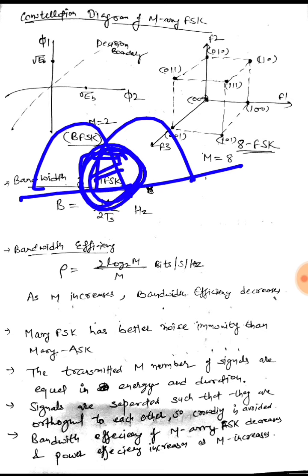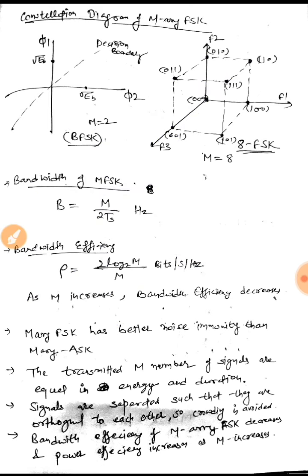So it is always desirable that the symbols are separated by a margin from each other, or they are orthogonal to each other, so that we can get the information from all the symbols or samples at the receiver end.